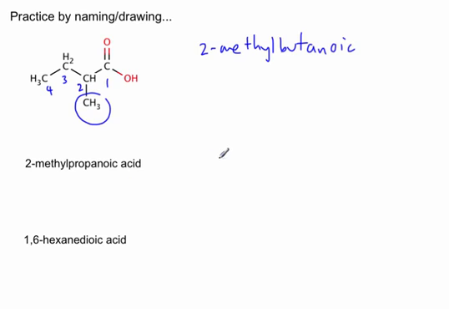Well, propanoic acid, propane, 1, 2, 3. A 2-methyl, so there's my 2-methyl, and it's a carboxylic acid. So let's finish off this functional group. C, OH, double bond O. And then I would satisfy the carbon bonding with hydrogens, and there's my 2-methyl propanoic acid.